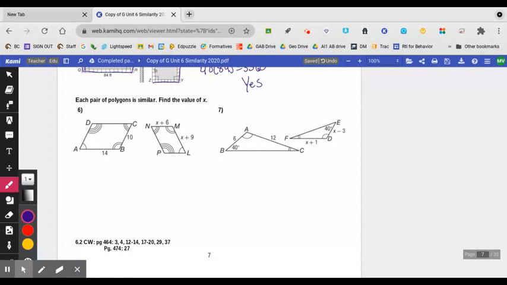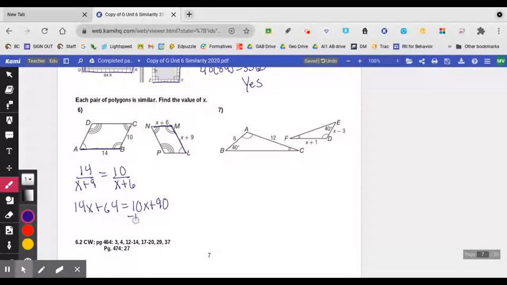So when I'm doing number 6, AB is between 1 and 2. So that corresponds with LM. So that's going to be 14 over X plus 9 is equal to 10, which is between 2 and 3, over X plus 6. So I cross multiply and I get 14X plus 6 times 14, which is 64, equals 10X plus 90.